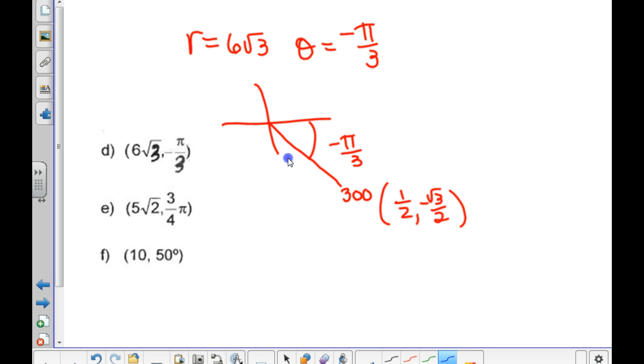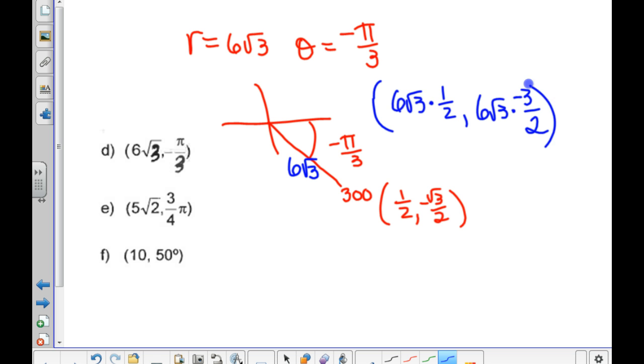All right, the radius out to here is 6 square roots of 3. So the rule is we're going to take 6 square roots of 3 times the cosine, comma, 6 square roots of 3 times the sine. All right, we need to do some simplifying. This would be 6 square roots of 3 all over 2, which would be what?